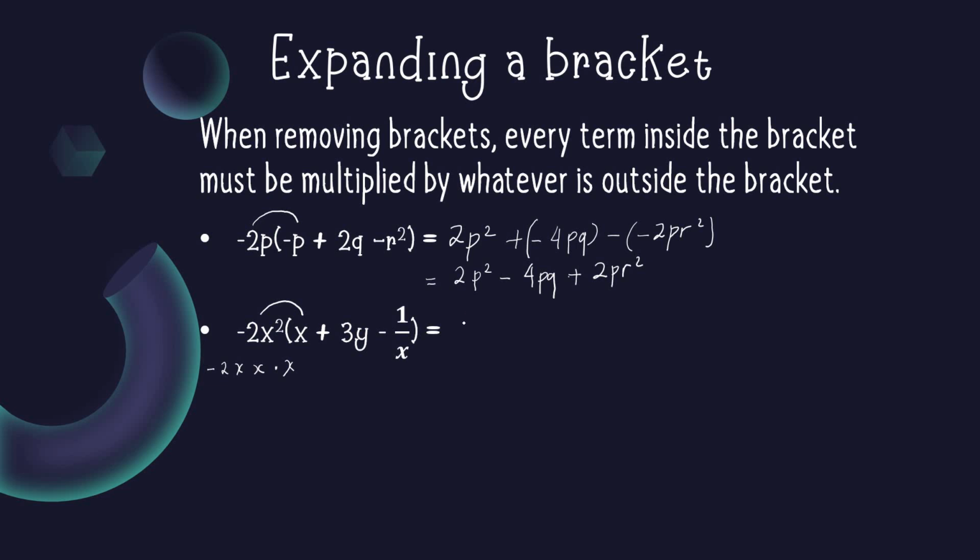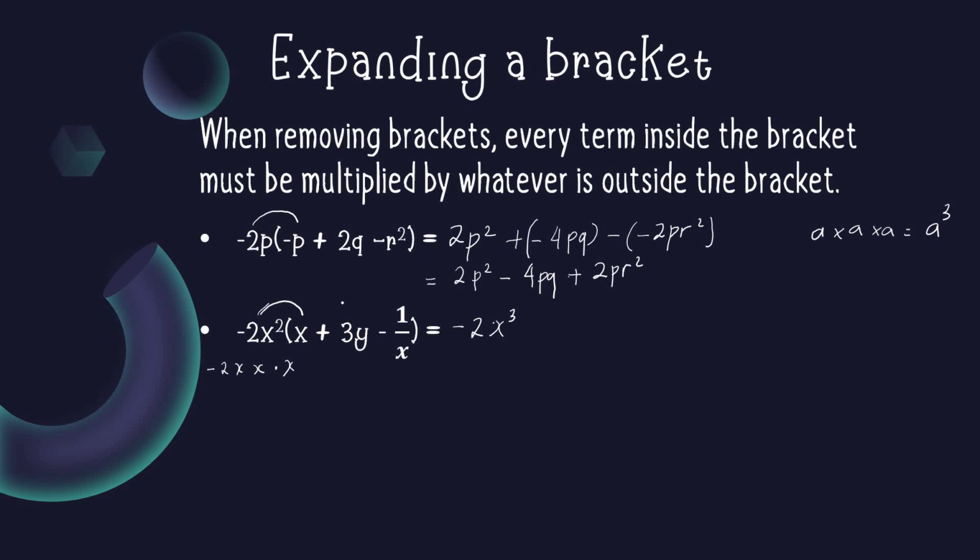So we can write it as negative 2x to the power of 3. Why 3? Because a times a times a will be equal to a to the power of 3. X, x, x will be to the power of 3 since this is all multiplication.